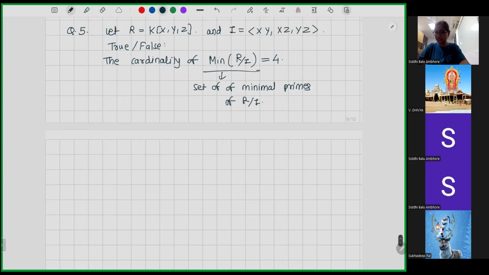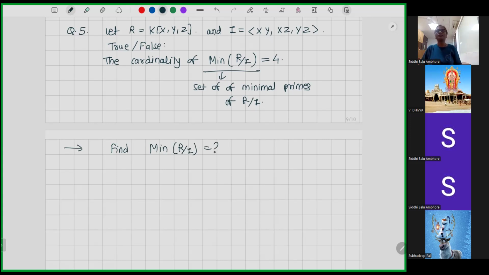In this case, these are prime ideals which are minimal and contain I. If I look at the spectrum of R/I inside the spectrum of R, it is all the prime ideals which contain I. So we have to see the minimal among those which contain I. Is the definition clear? They are talking about the cardinality of Min(R/I). So in short, we have to find this Min(R/I).